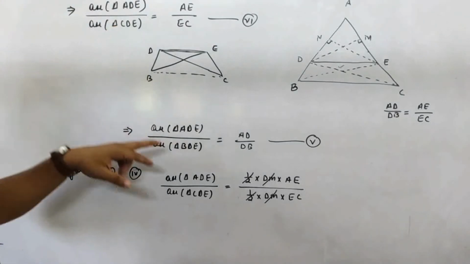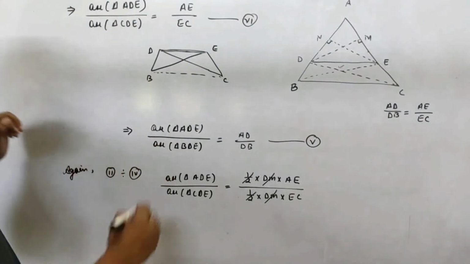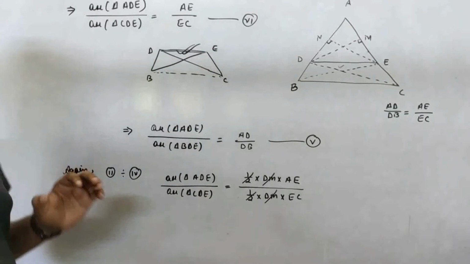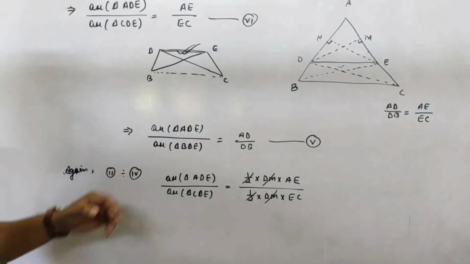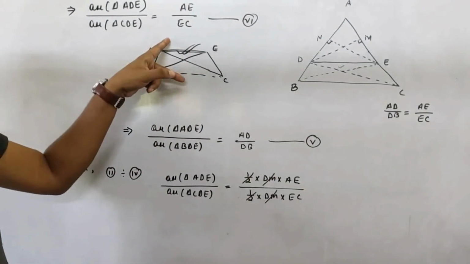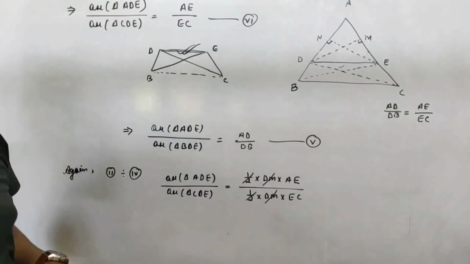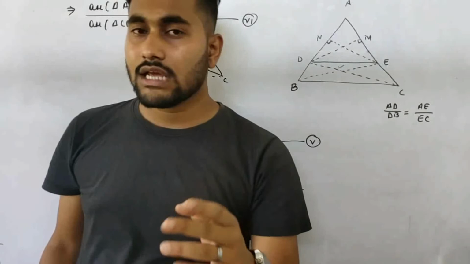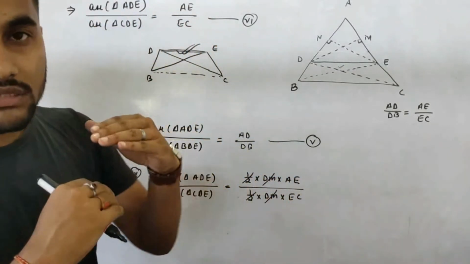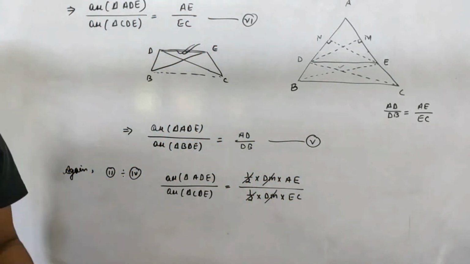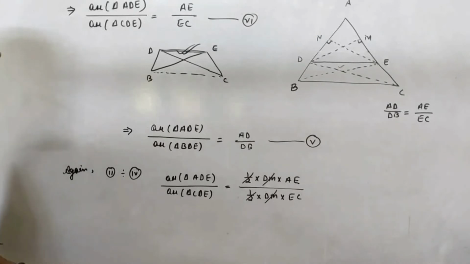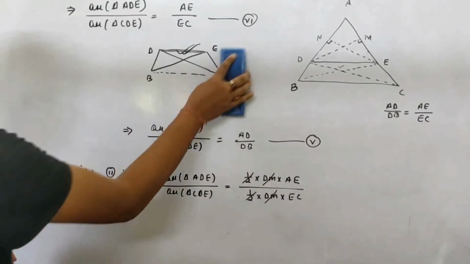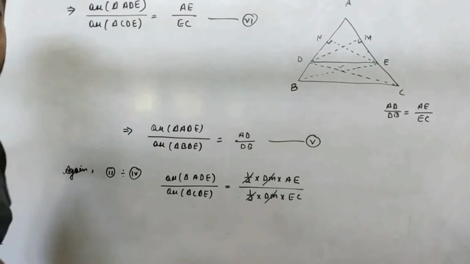So triangle CDE and triangle BDE are lying on the common base DE, and between the parallels DE and BC. So our theorem in class 9 was that if two triangles are lying on the same base and between the same parallels, then their areas will be equal. Understood? So now directly we will use that theorem over here.